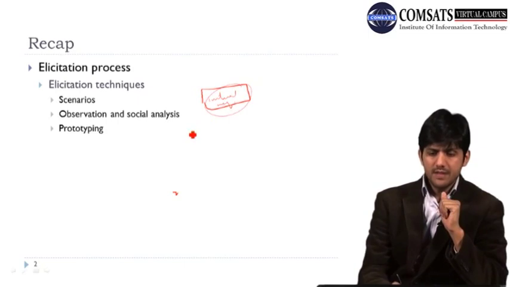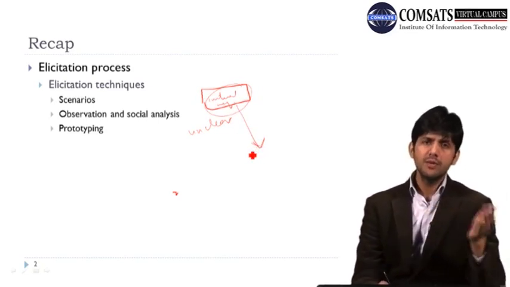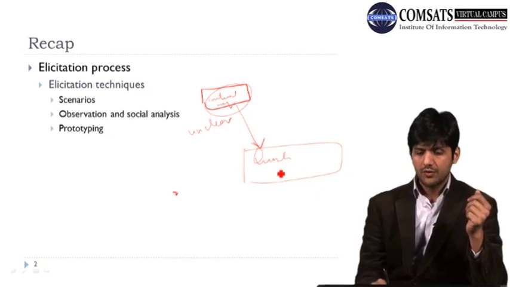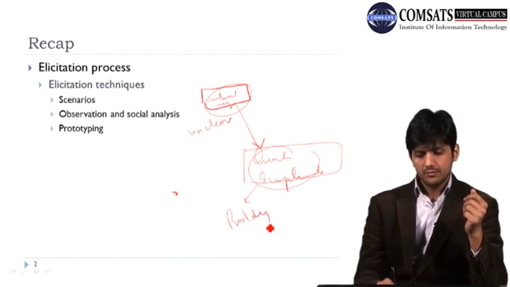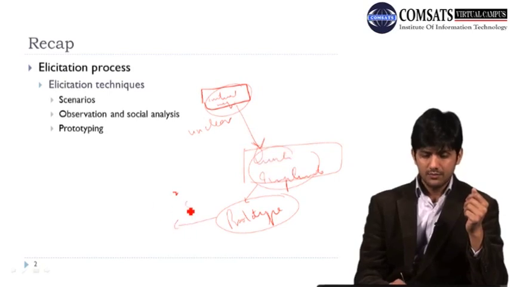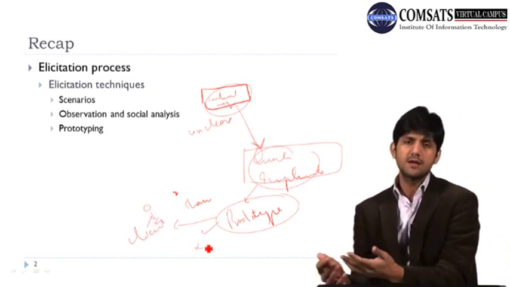Because these requirements are unclear and we have not been able to understand them, we do a quick implementation, and this implementation is actually our prototype. We show it to the client, and whatever the client tells us, whether this is right or this is wrong, we take this feedback and then we finalize our requirements.